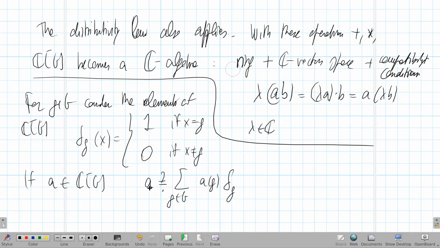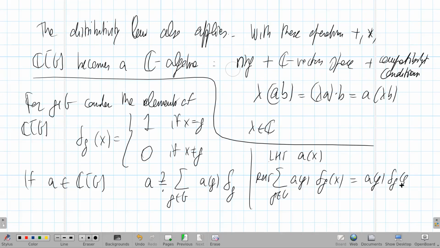If you compute the left-hand side on x, you get A(x), okay? What happens when you compute the right-hand side on a certain x? Well, delta g is always 0, except when x is g. So the only term that survives will be A(g) delta g, because all the rest are 0.